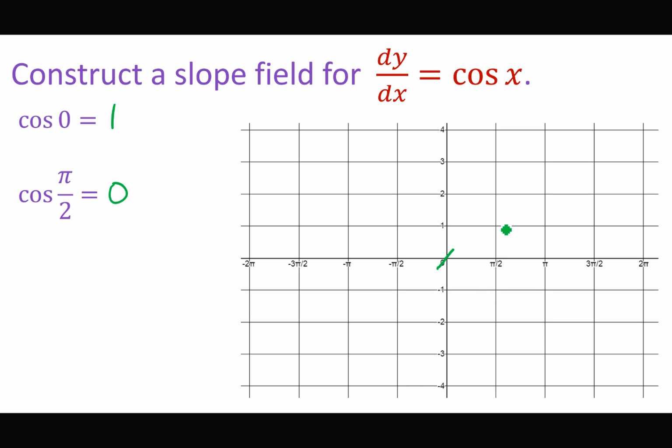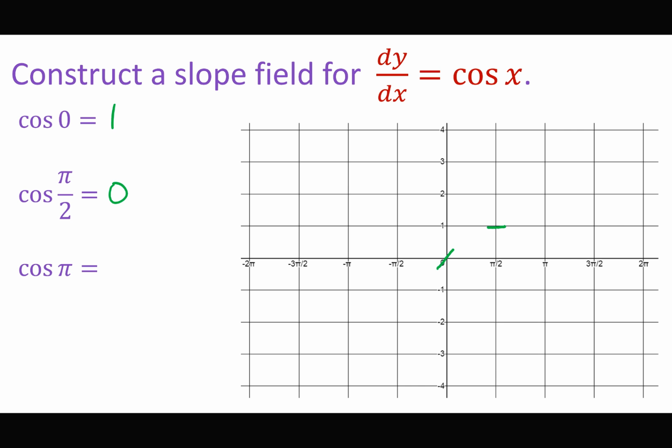And so at pi over 2, I'm going to draw a horizontal line, which has a slope of 0. And I moved up because I know when it's 0, my y value is 1. So that's why I drew a horizontal line at pi over 2, comma 1.